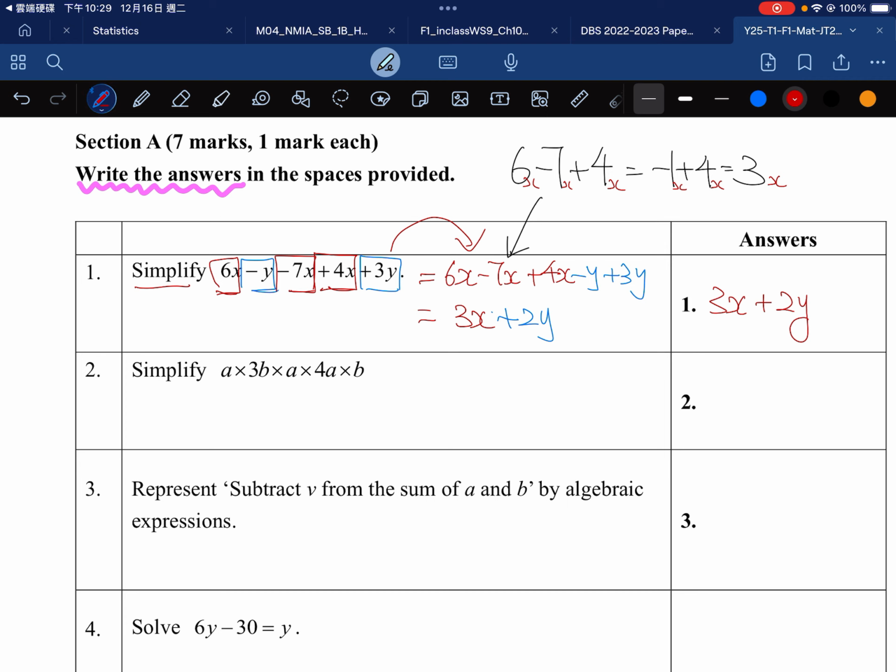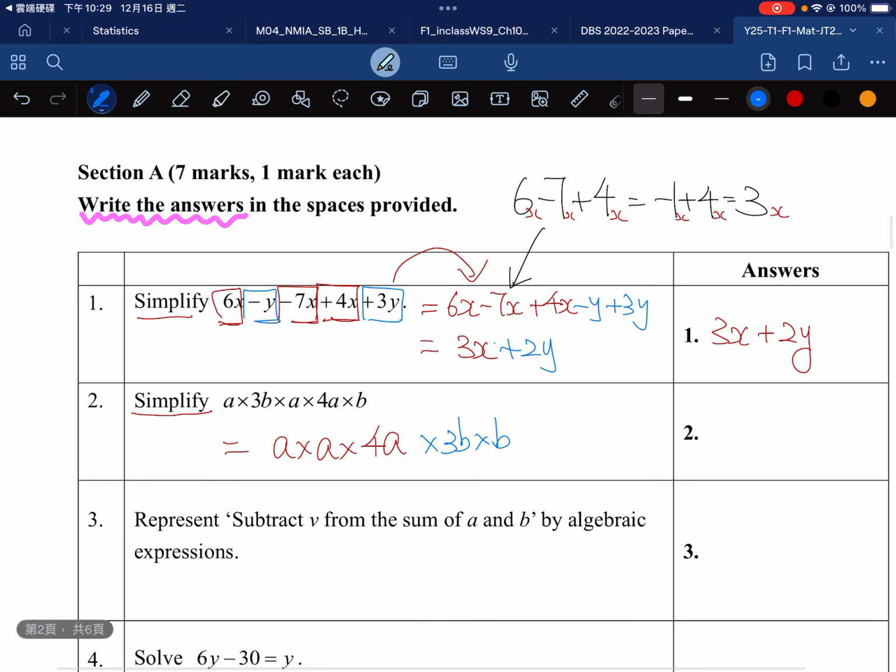Okay, for question 2, most of you do not understand what the final answer should look like. Similar to what we have done above, some of you will try to do something like this. We put a together and put b together, as if they are like terms. But for multiplication or division, we don't care about like terms or not.